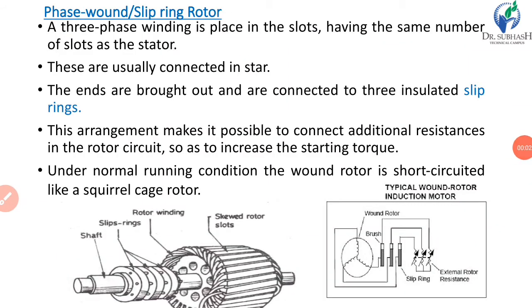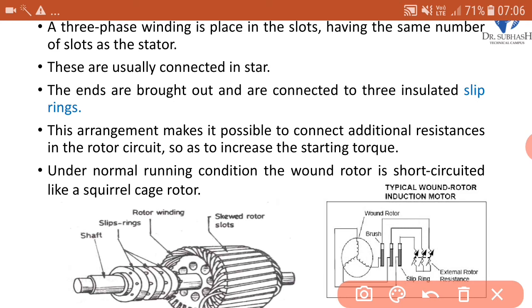Now we will discuss the phase wound or slip ring rotor. A three-phase winding is placed in the slots, having the same number of slots as the stator. In this figure we can see a slot. These windings are usually connected in star.